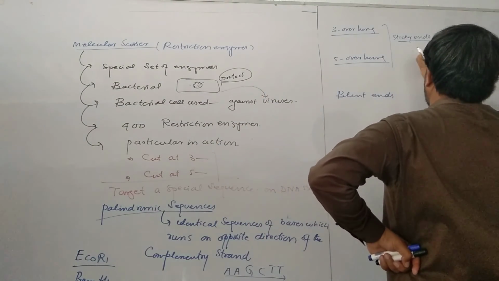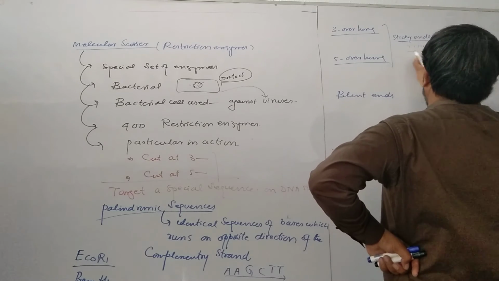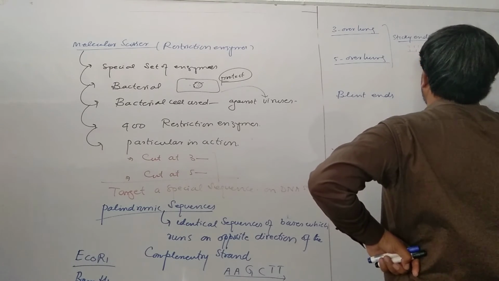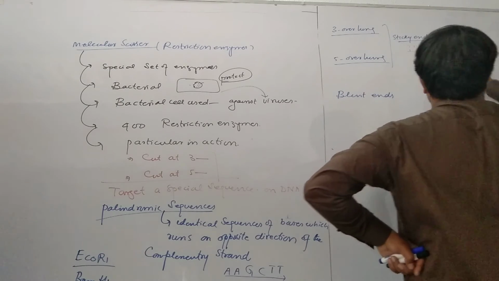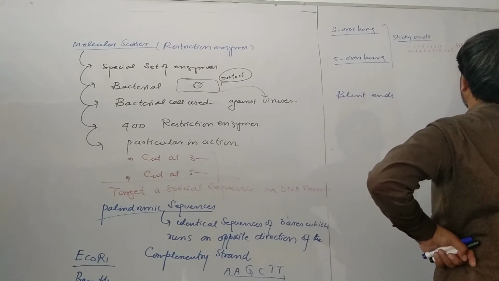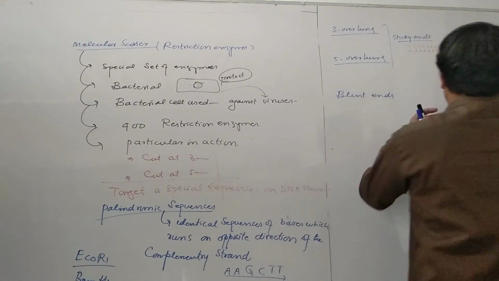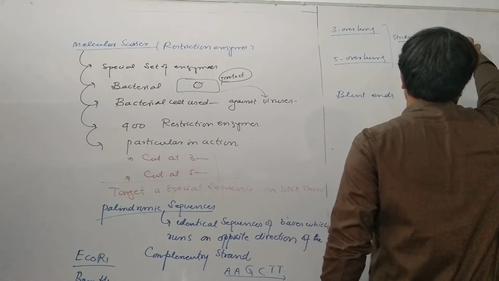For example, it is a sequence. This sequence has a hook which can overlap with another strand, so it is called a sticky end.